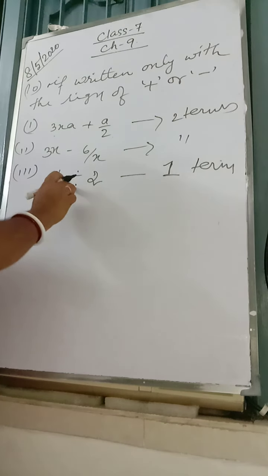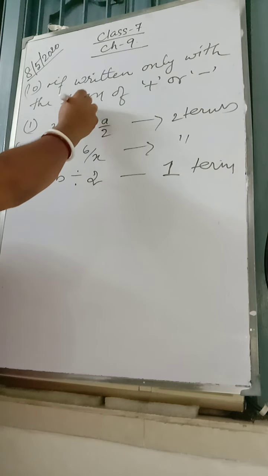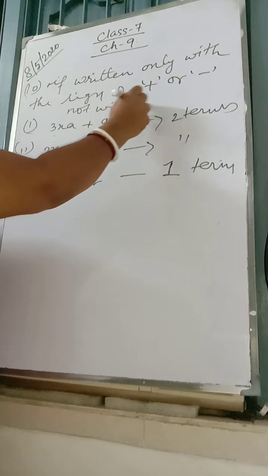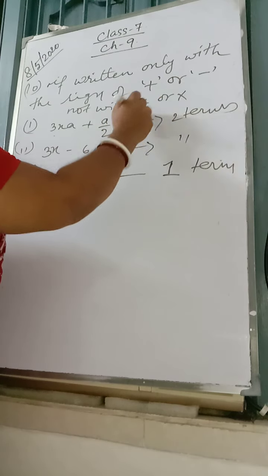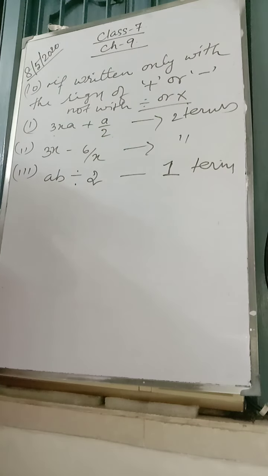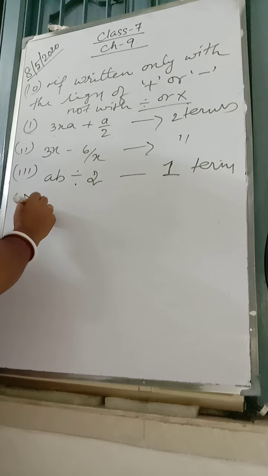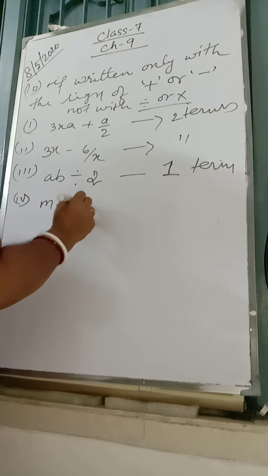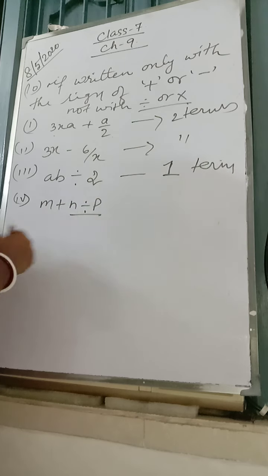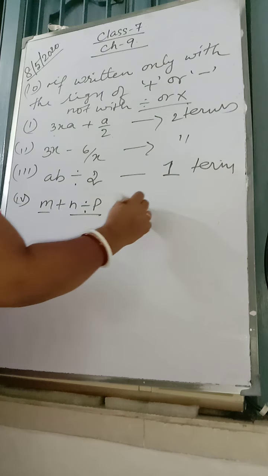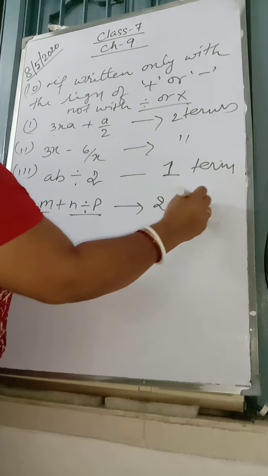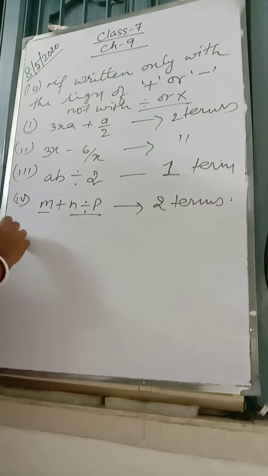Why? I have told you, not with division or multiplication. If it is written with this, it is called a single term. Number 4, m plus n divided by p. n divided by p is 1 term, m is 1 term. So this gives you 2 terms. Okay.